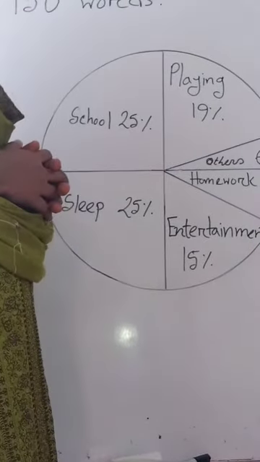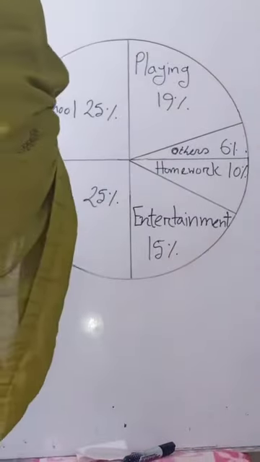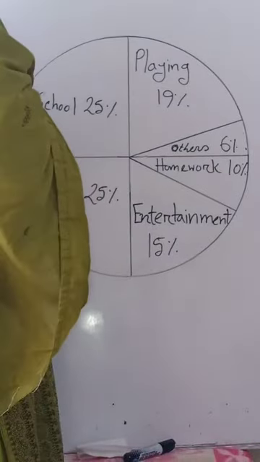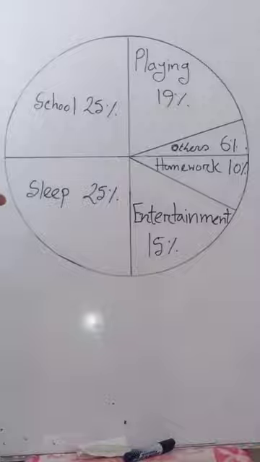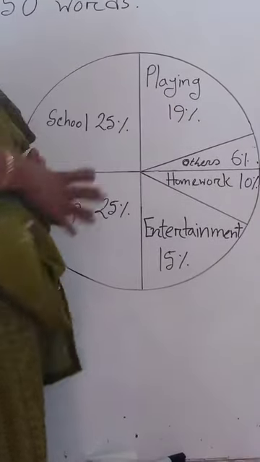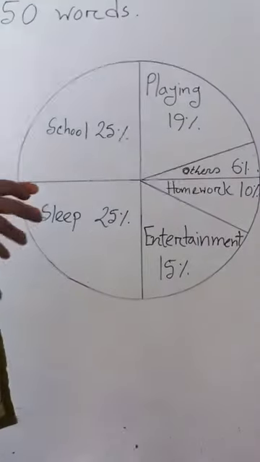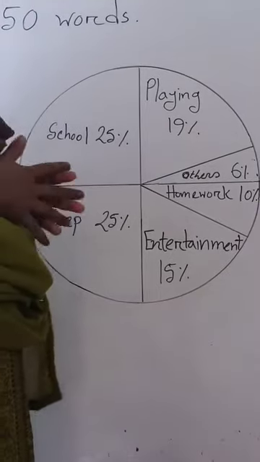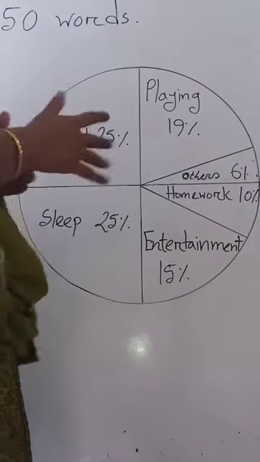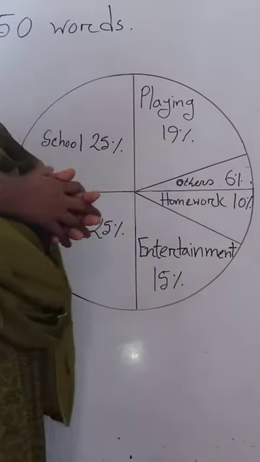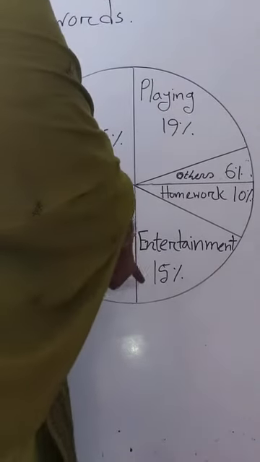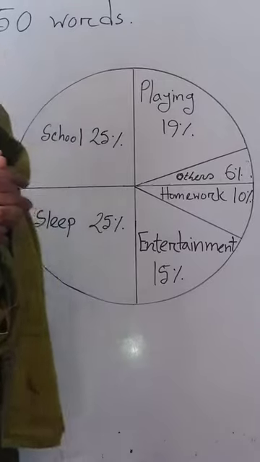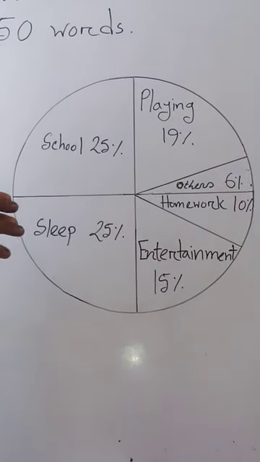Next, we find that she spends 25% time for sleeping. Not only that, 19% time for playing. She is a sports lover, and so she spends much time playing. And then entertainment, she spends 15% time for entertainment.